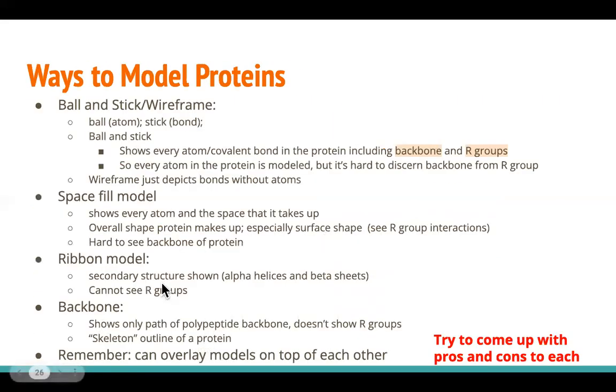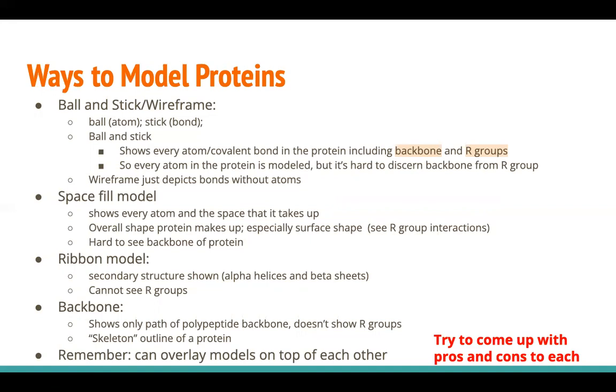Okay, so the ribbon model is going to highlight the secondary structure, whereas the backbone model is highlighting the primary structure. Like in the ribbon, you would see the alpha helices and beta sheets. In both you don't see the R group, but ribbon's just going a step further than showing the secondary.